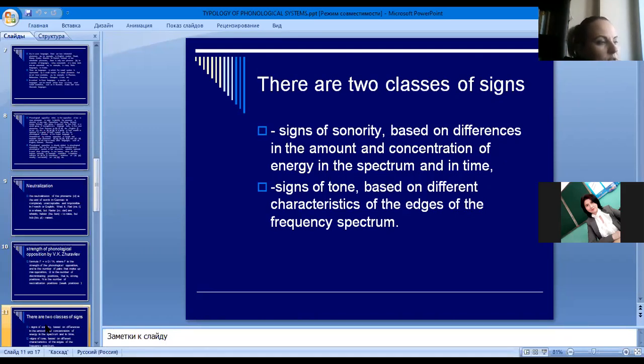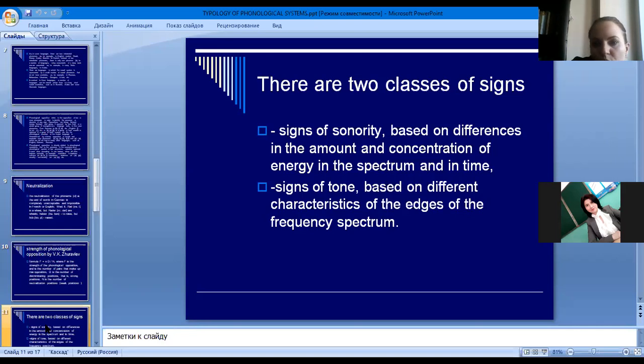Using electroacoustic research methods, Jakobson, Fant, and Halle developed a system of binary distinguishing features of individual phonemes, which by their generalized nature can serve as typological indicators of phonological systems.